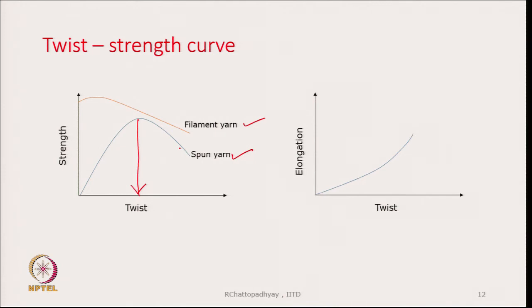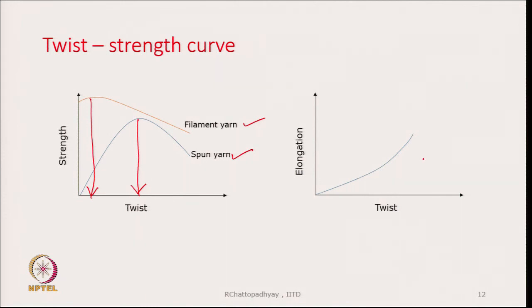And for filament yarn, as you go for little, say somewhere here we get the maximum strength, and beyond that the more twist we put, the strength wise the yarn will be weaker and weaker.